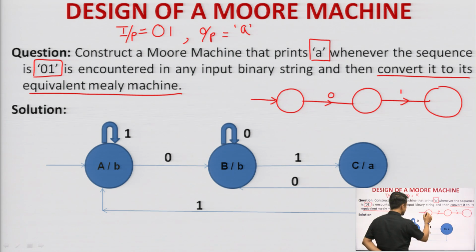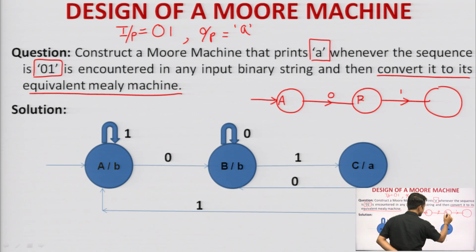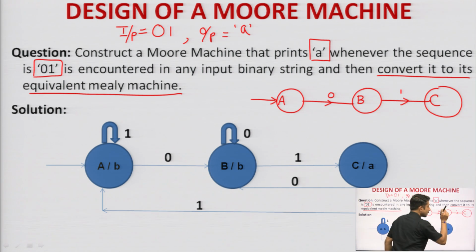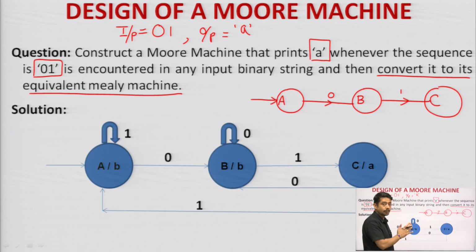Now, I will take this state as A, this state as B, this state as C. Whenever 0 1 is encountered, the output should be what? It should print A. One more thing: in a Moore machine, the output alphabet is associated with states, not the input transition.